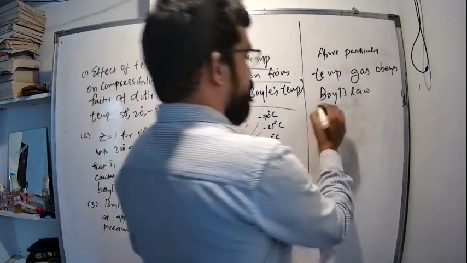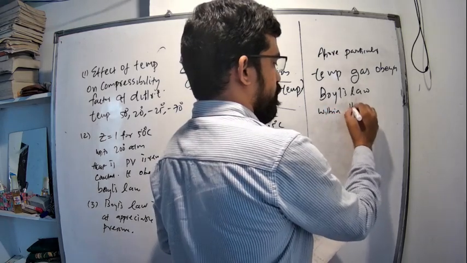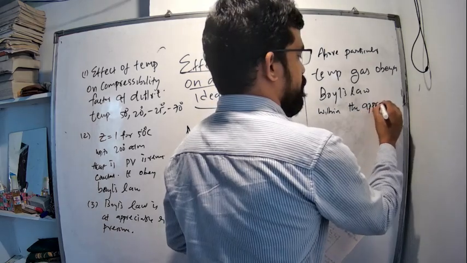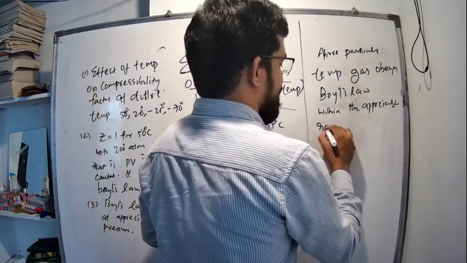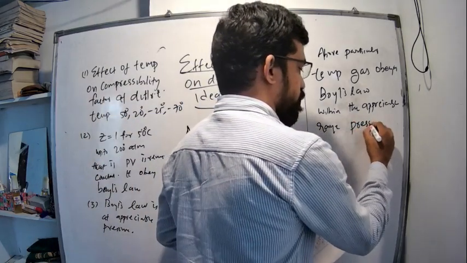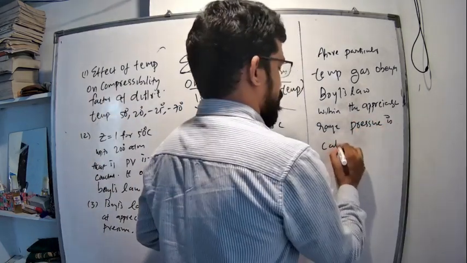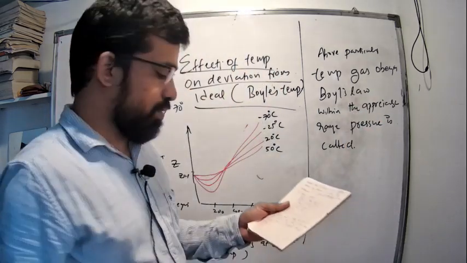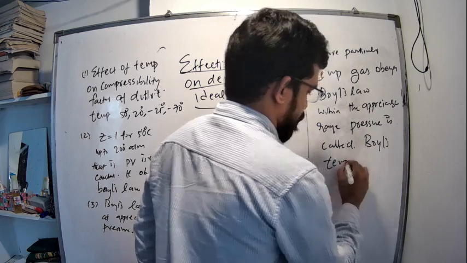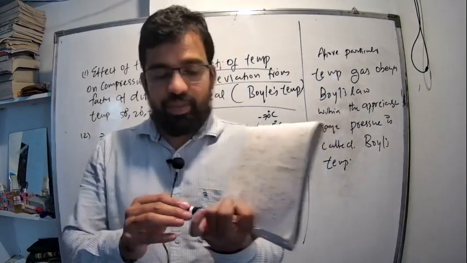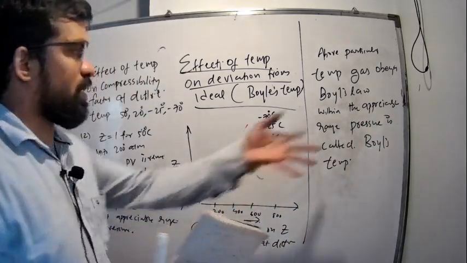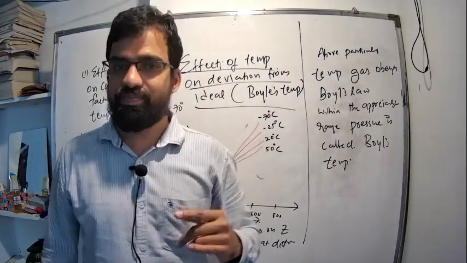within the appreciable range of pressure. That is called Boyle's temperature.